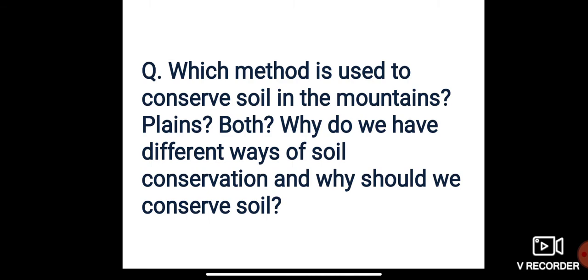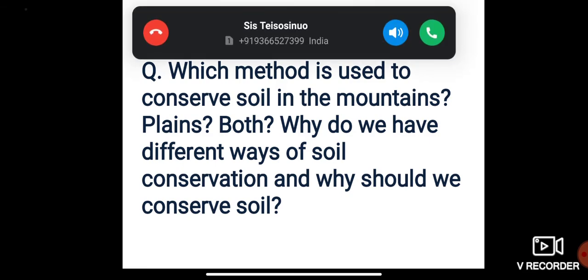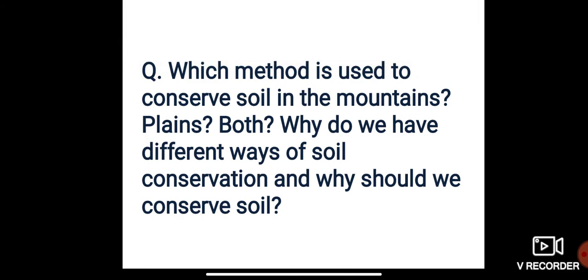To summarize your answer, terrace farming and contour ploughing are practiced on the mountains. Crop rotation is mostly practiced in the plain areas. And planting trees is the common method which suits all types of physical features.